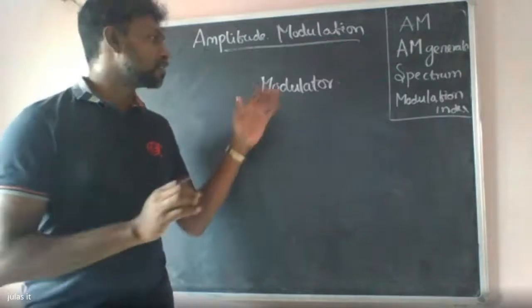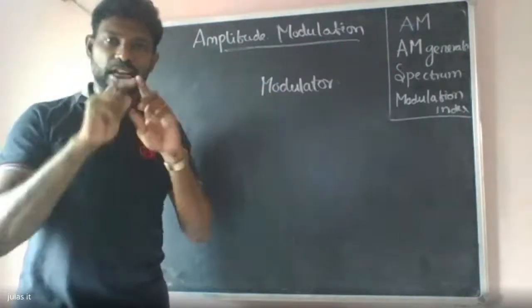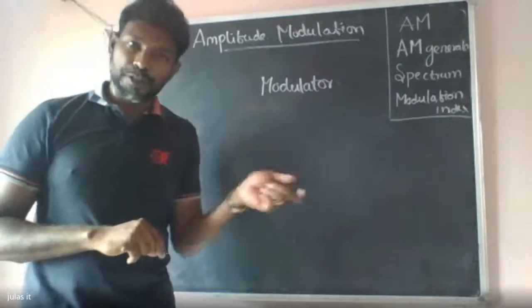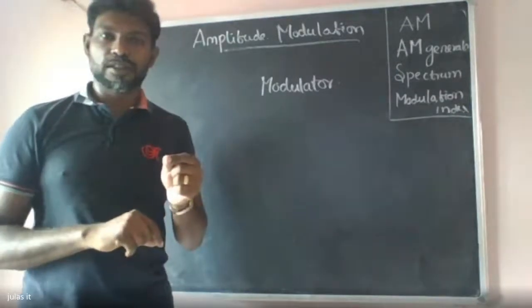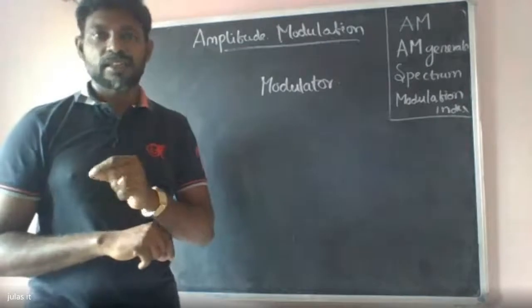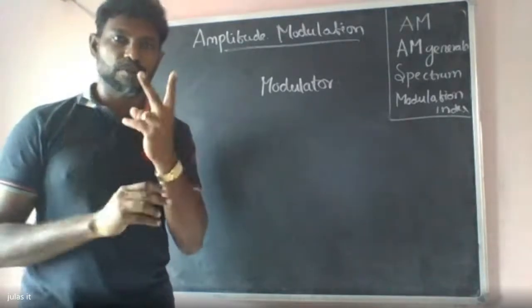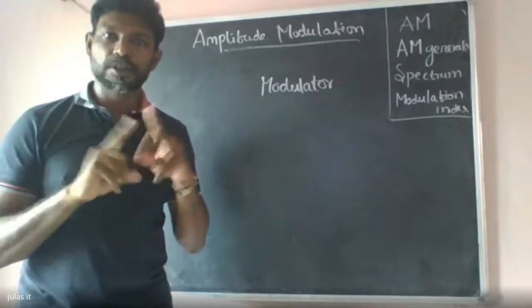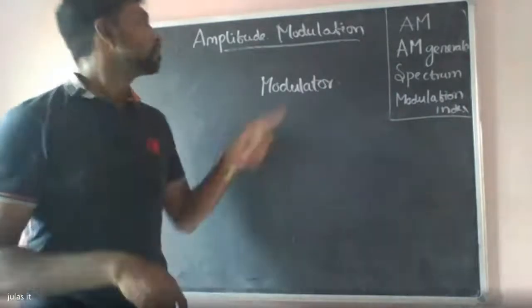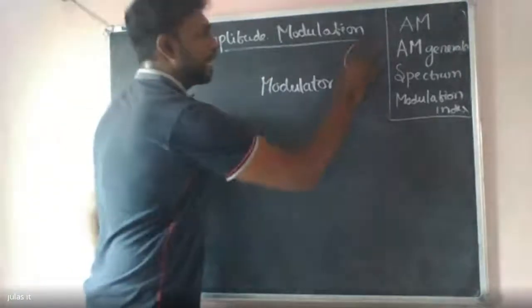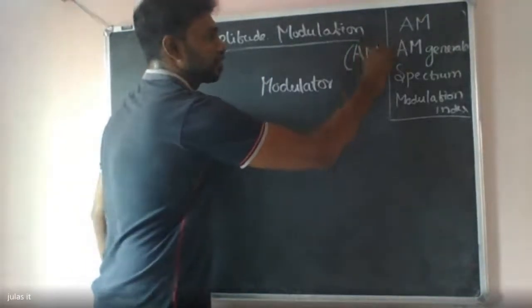In the last class we saw that we have two different categories in modulation. One is amplitude modulation, another one is angle modulation, right? The first part we are going to see is amplitude modulation. The first unit deals with two modulations, especially amplitude and angle modulation. This amplitude modulation is shortly called the AM signal, right?